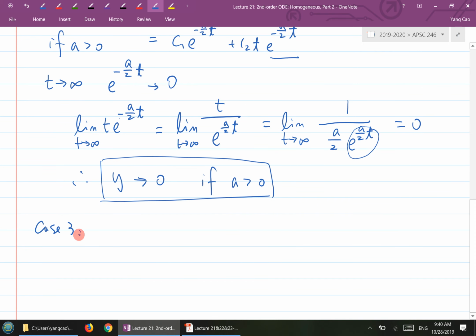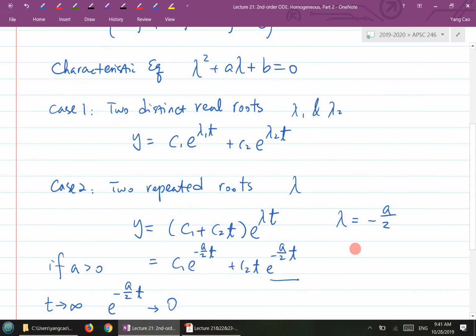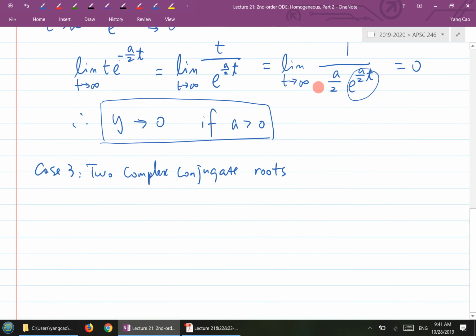Okay. And case number 3 is when you have 2 complex conjugate roots. In this case, if my characteristic equation is this, then your lambda 1 and 2 is this.